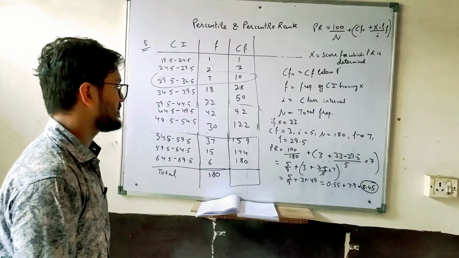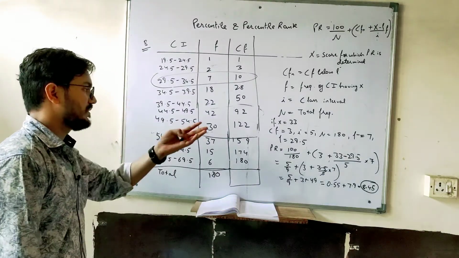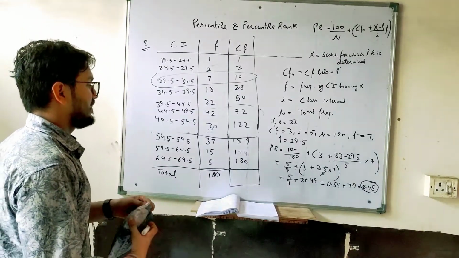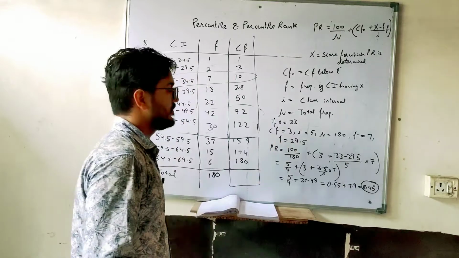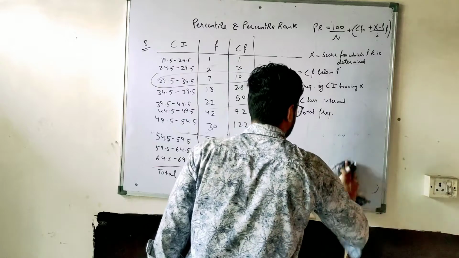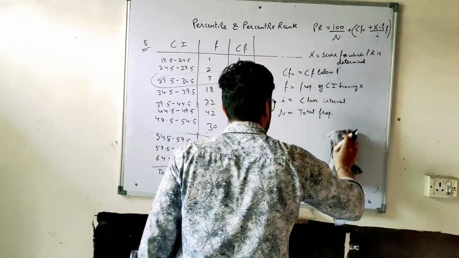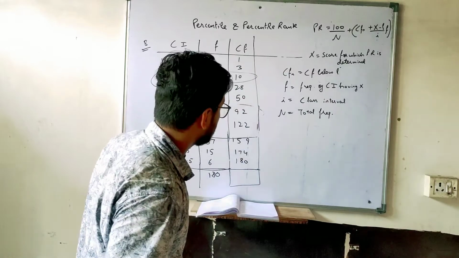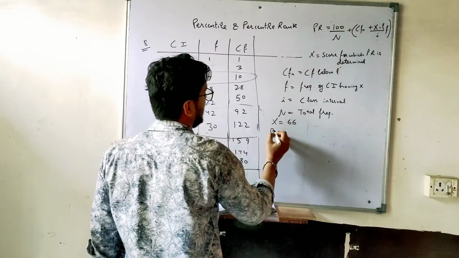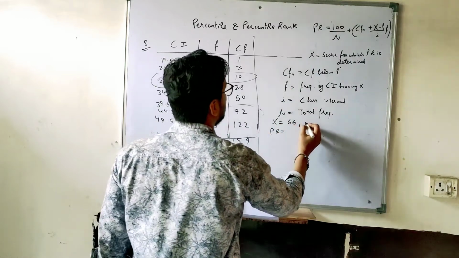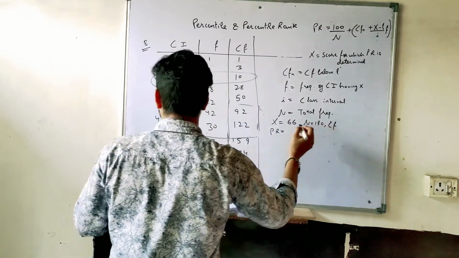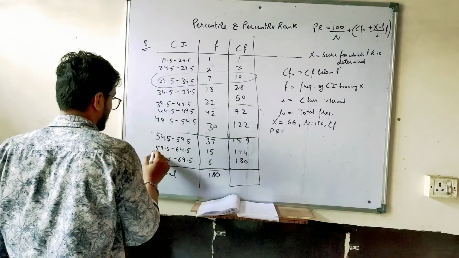Similarly, we can find the percentile rank for the score 66 also. Just pause the video and note it down. The calculation you can do on your own. So if x is 66, the percentile rank PR: we know 180, and 66 will lie in this range, right?